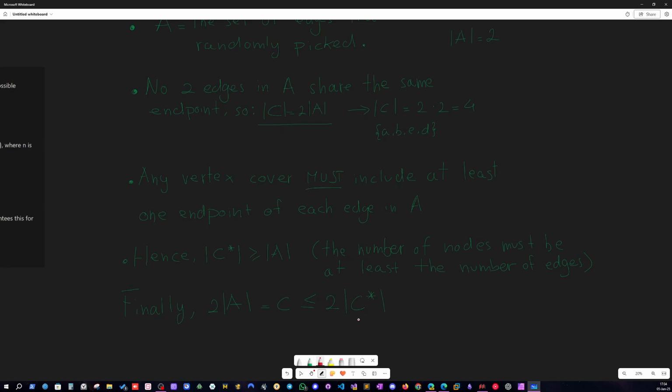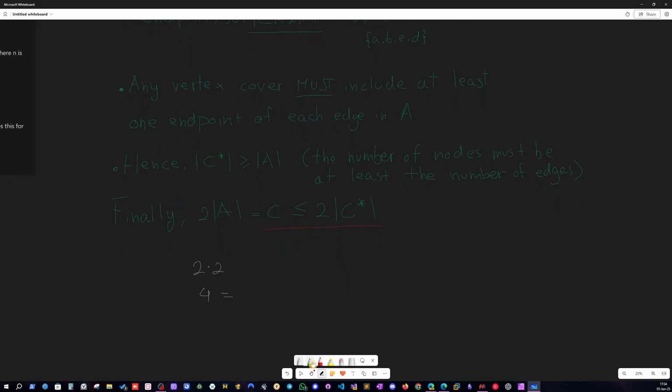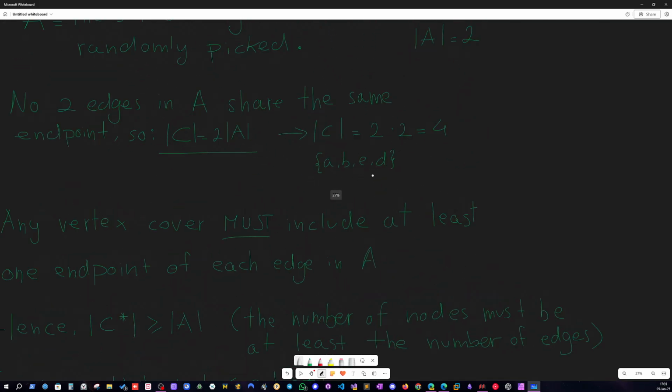This tells us that the cost of the approximate vertex cover is at most twice the optimal solution, because in our case A was 2, so we had 2 times 2, so 4. 4 equals the absolute value of C, sorry, I forgot the absolute value here. So C has length 4 because it was made by A, B, E, and D.